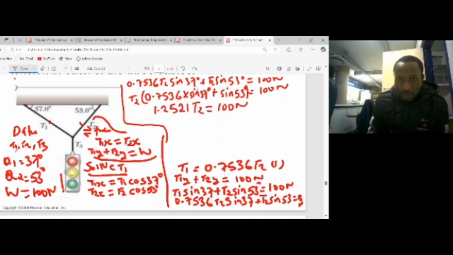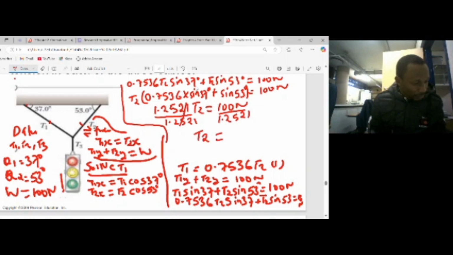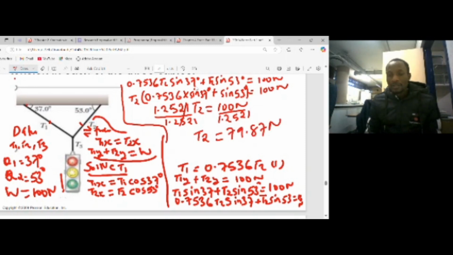To remain with T2, we divide both sides by 1.2521. So this one cancels out, and this gives us T2 is equal to 79.87 Newton. So this is the value for T2.